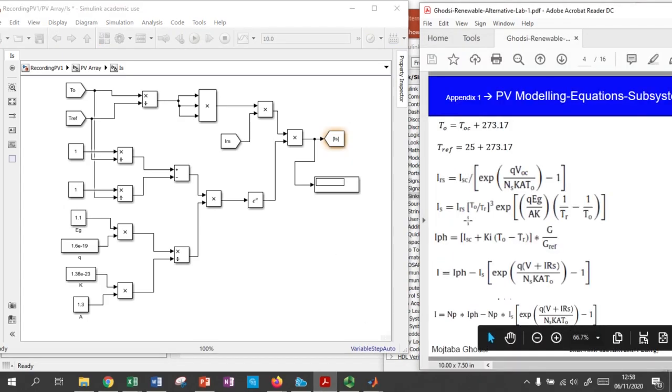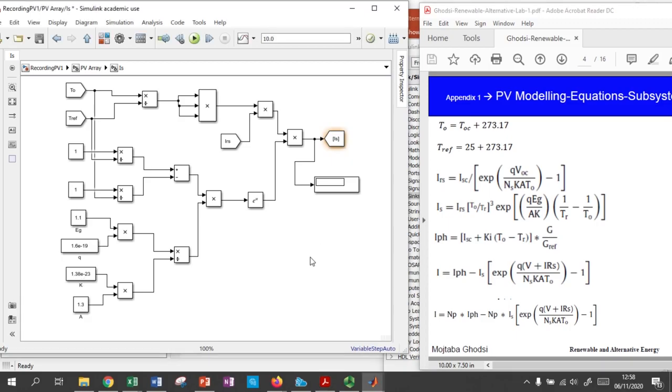This is IS, which is made from the IRS as an input, T over T3 power 3, and times the exponential expression of the QEG divided by AK, and all are available here right now. It seems that IS is correct.